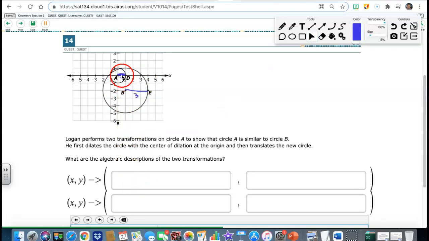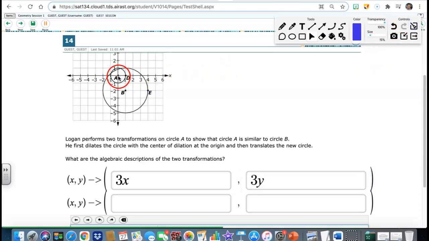By what number do I need to multiply this to get 3? By 3. So my x becomes 3x. I gotta multiply 3 times my value of x. The same goes with y. The y turns into 3y. I'm multiplying by 3 because my radius is times 3. Got it. Alright, but again, my new circle will be sitting right there.